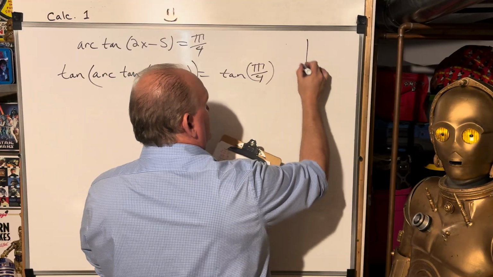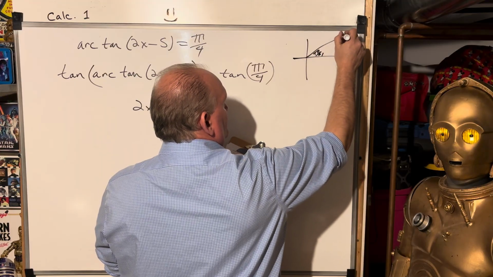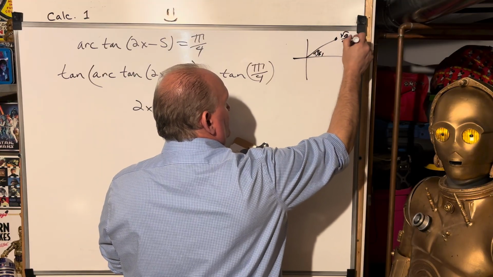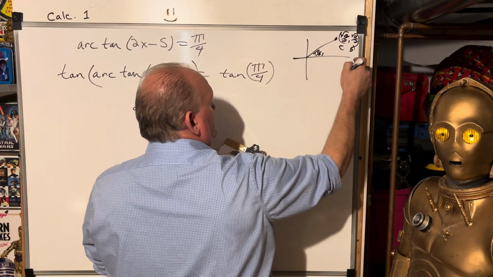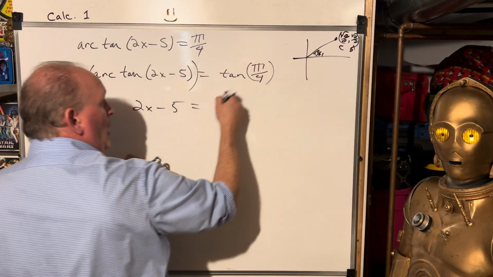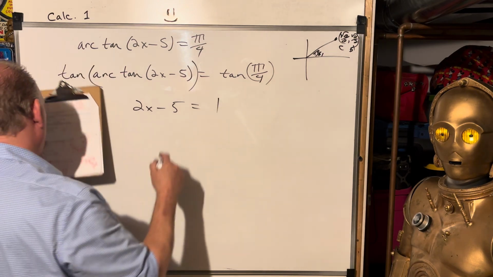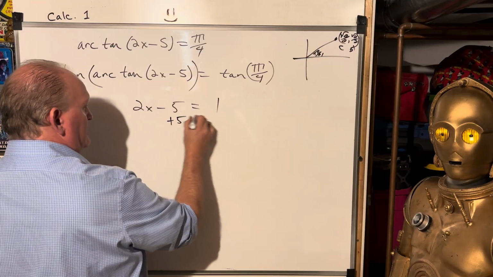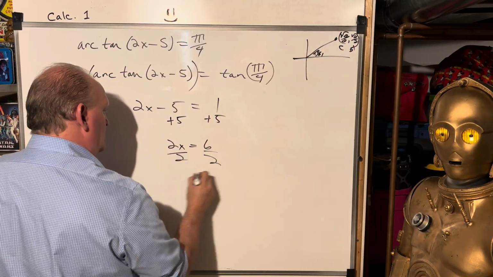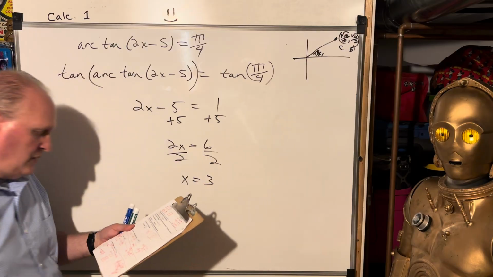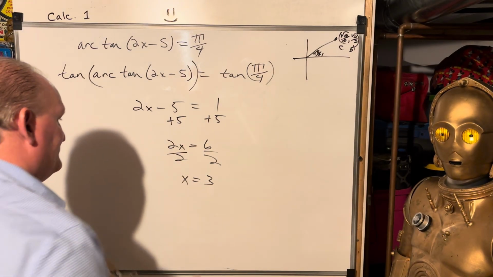I mean, you could draw it. But remember, it's sine over cosine, so that's just 1. Tangent 45 is 1. And now we just go back and solve. Thank goodness. An easy one, finally. Good to have an easy one once in a while. So x equals 3.